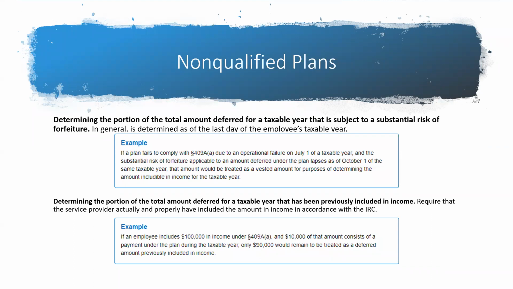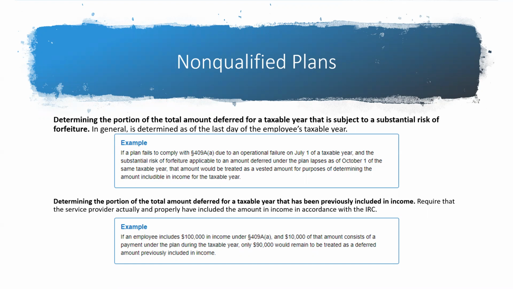When you're determining the portion of the total amount deferred for a taxable year that has been previously included in income, for a deferred amount to be treated as previously included in income, the regulations would require that the service provider actually and properly have included the amount in income in accordance with the Internal Revenue Code.